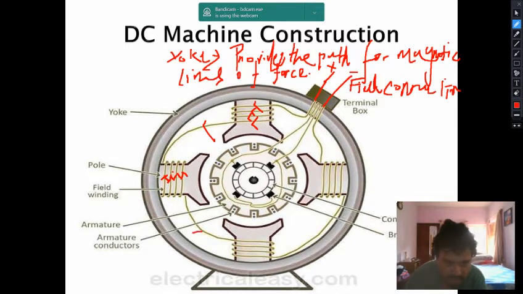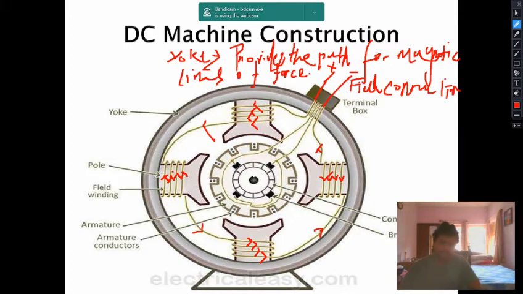Again it will go like this, again it will go here, it will be like this over here, and again it will go out and enter the negative.